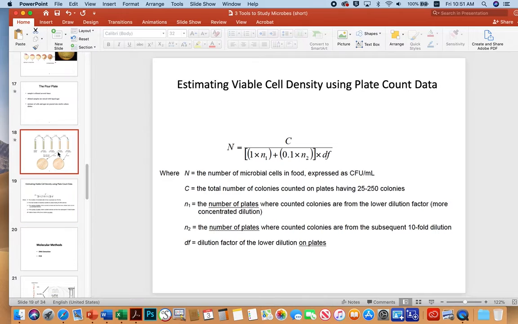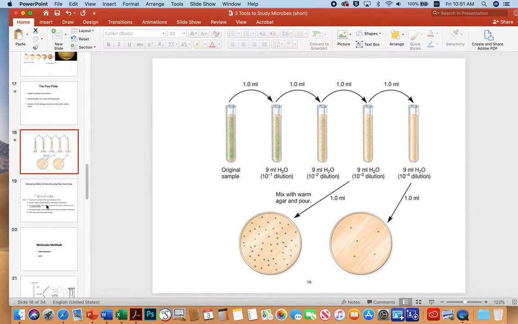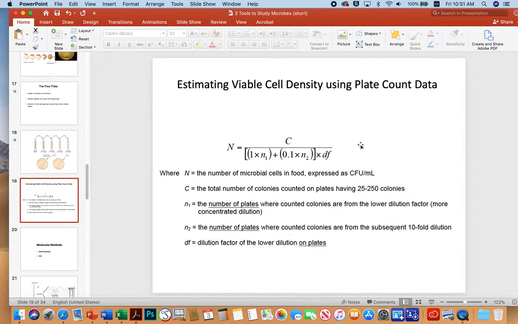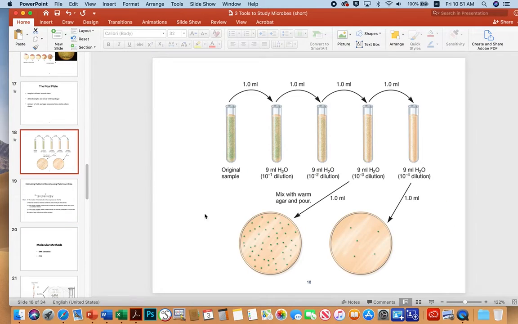So using this hypothetical example and this formula, we can walk through the problem here. So C, the numerator, is the total number of colonies counted on plates having 25 to 250 colonies. So we'll imagine that we're not going to follow that rule just for the sake of walking through this problem.